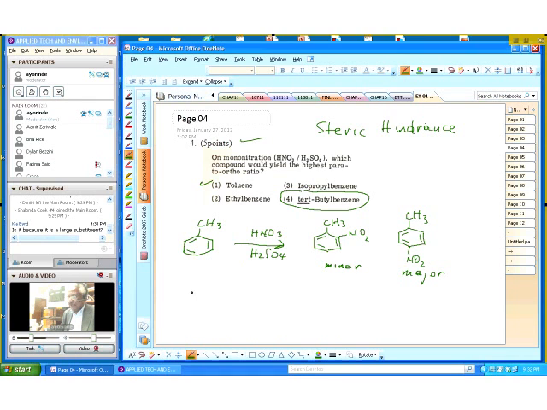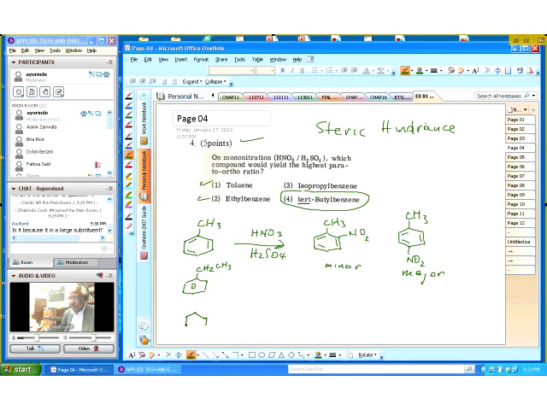Now, if you notice, they're increasing the size of the substituent, so they now go to ethylbenzene. The bigger this group is, the less the ortho will be, because that will be the bigger steric hindrance.